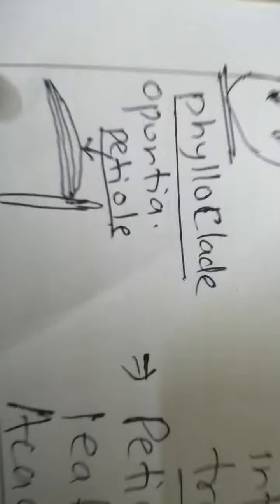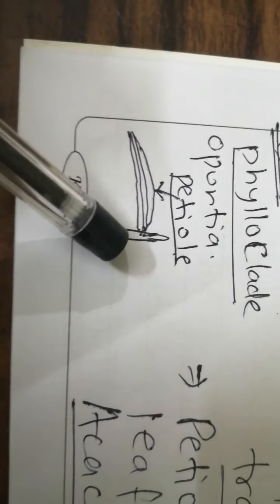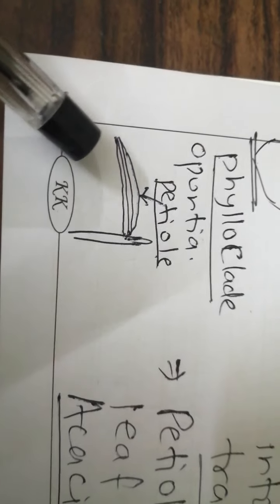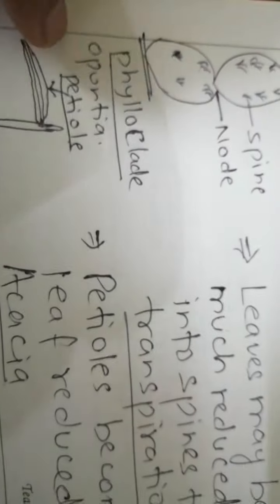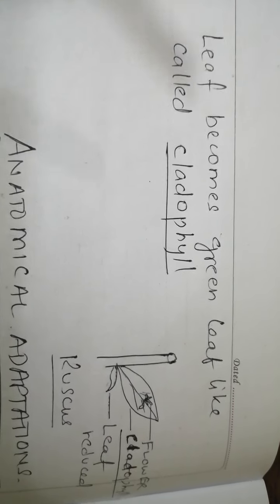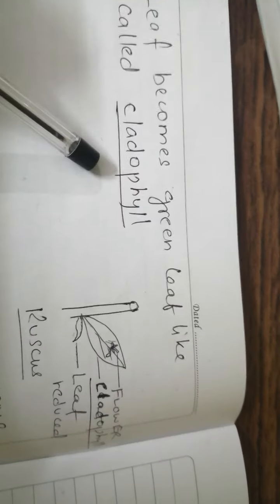Now I have drawn a picture for you. This is the petiole where the leaf base has increased and broadened. This is what I wanted to tell you. Now children, there is another type of modification where the stem becomes green and is called cladode.